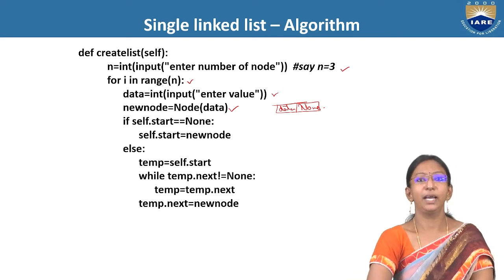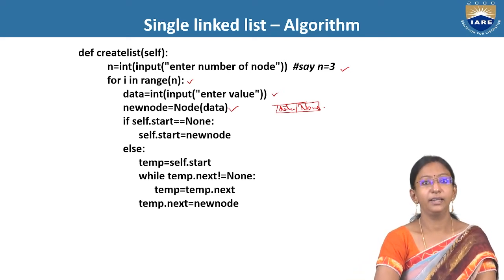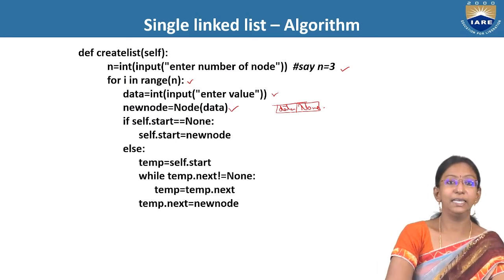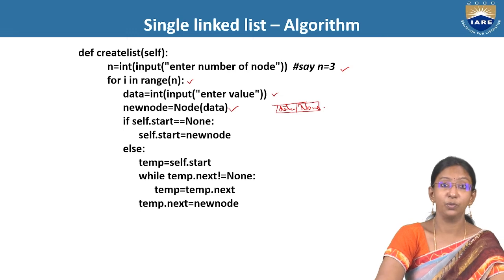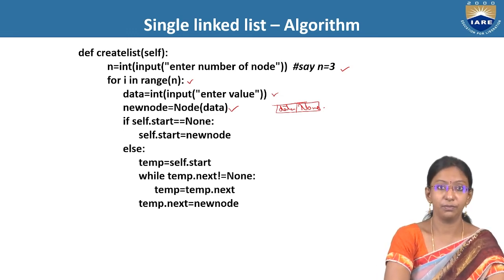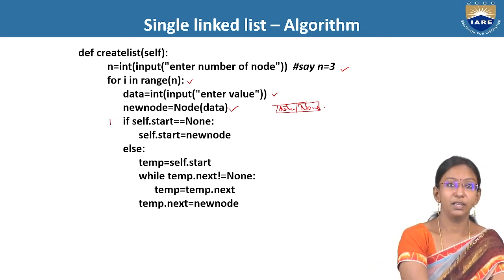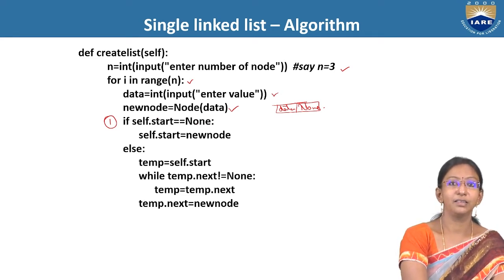Now, here we encounter 2 cases. A case where the list is not yet created, and the case where you have a handful of elements. So the first case is a case where no list has been created yet, right? Start is None is the condition which will help you there. It means if the start pointer is filled with None, that itself says that there is no list yet.